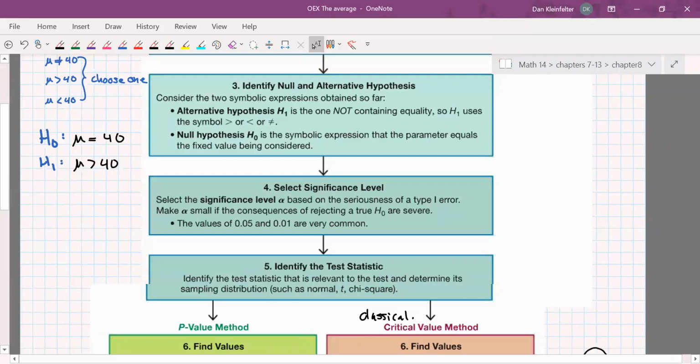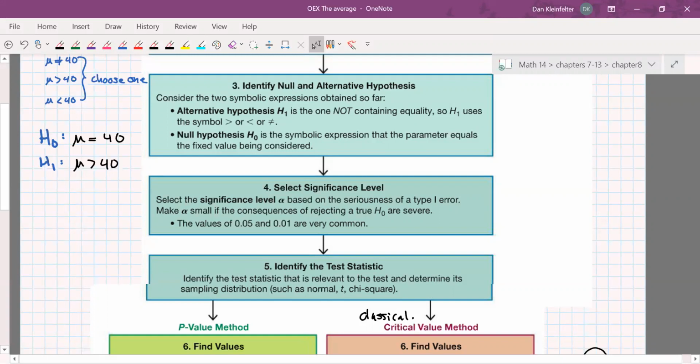More on that later too. The values of 0.05 and 0.01 are commonly used for alpha. By the way, the alpha that you see here is closely related to the alpha that we were using in chapter 7 in conjunction with confidence intervals.